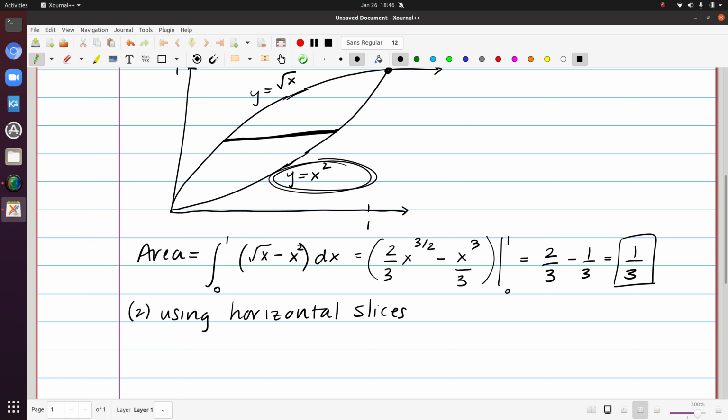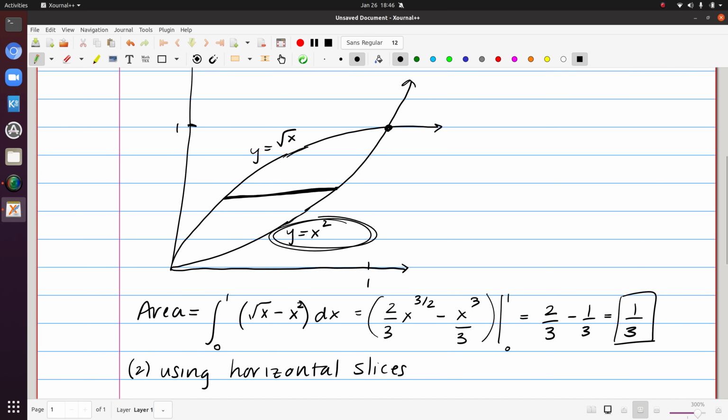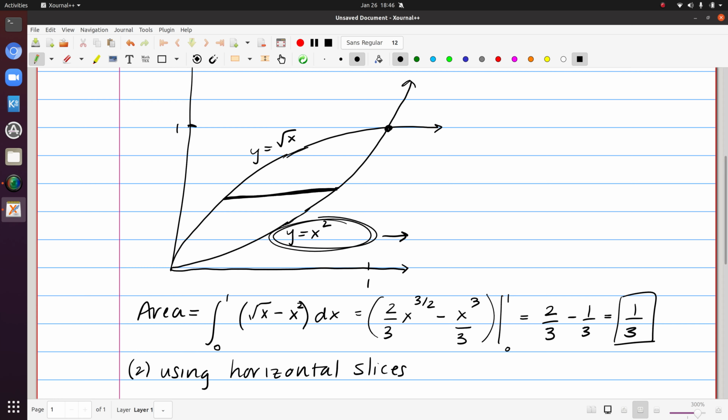However, we do need to think about the inverses here. So in this function, if y is equal to x squared, then we're going to say that x is equal to square root of y. Now, I don't have to think about plus or minus because I'm looking at the first quadrant here where both x and y are positive.